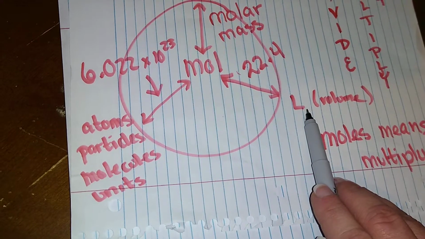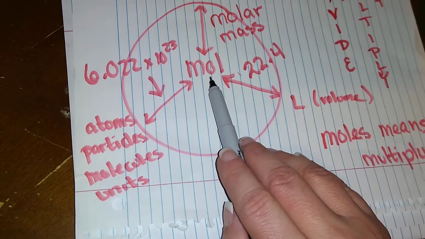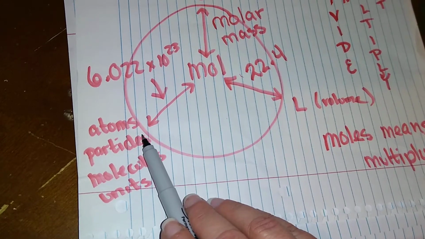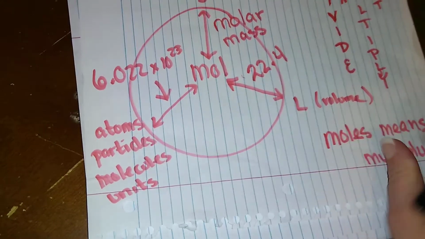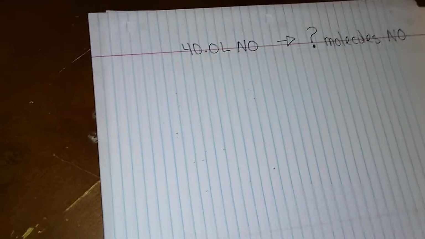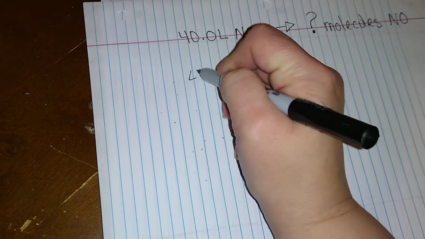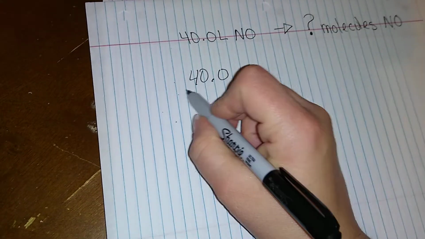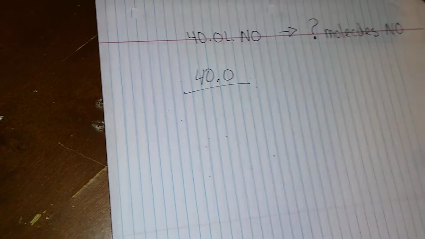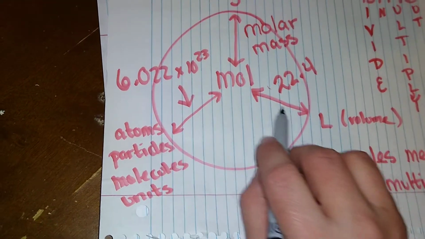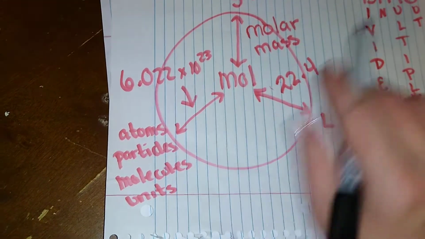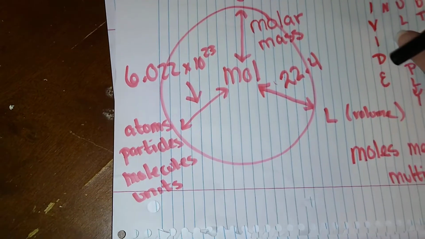In order to get through liters, we have to go to moles and then to atoms. The first thing we're going to do is write down what we were given, 40.0, and then we divide by the first number that we come across before we get to moles, and that's 22.4.